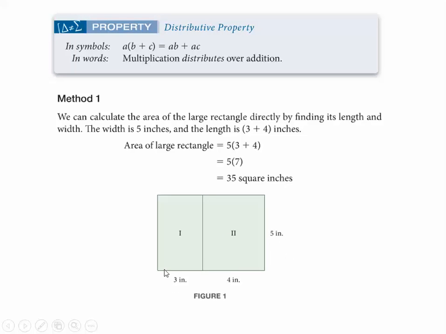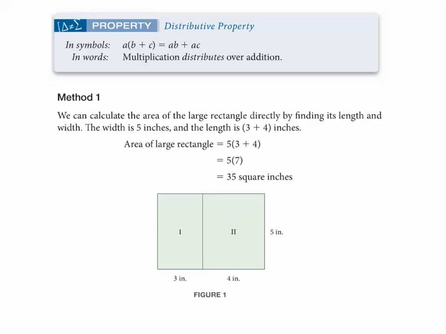What we could do is add up this whole entire side together. This whole entire side is really 7 inches, and 7 times 5 gives me 35 square inches, so the area of this whole big rectangle is 35 square inches.